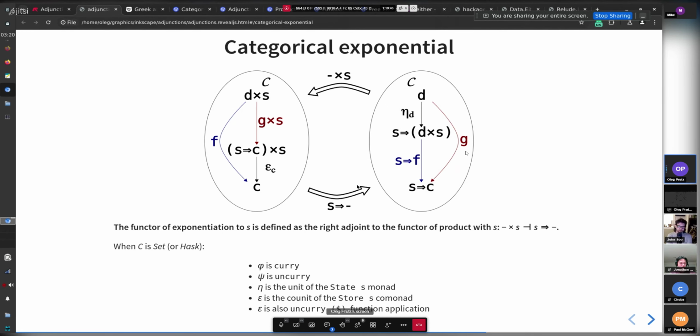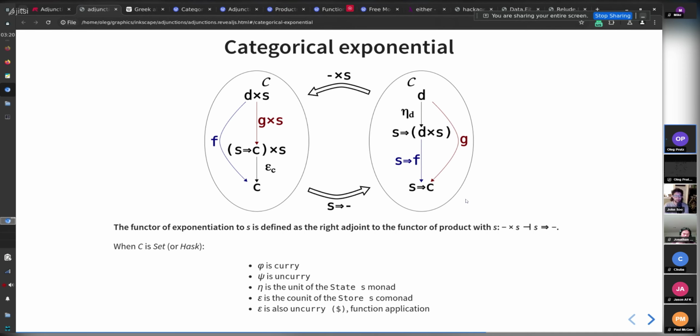Yeah. So I am not defining the action of the exponential on morphisms. In a category theory book, if you don't know what functor that actually is, all you know is that it's a right adjoint, right?